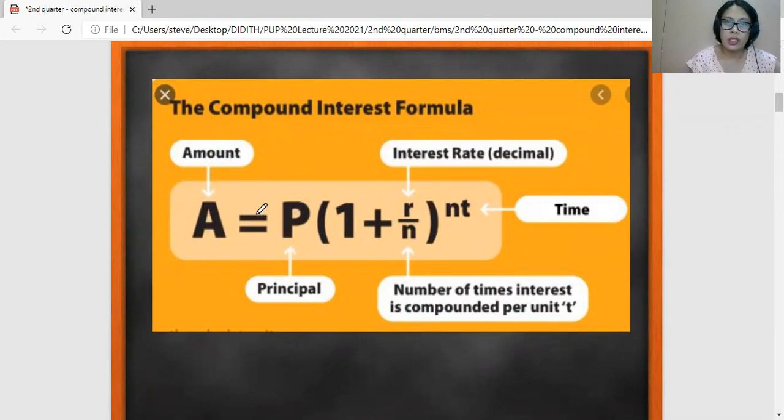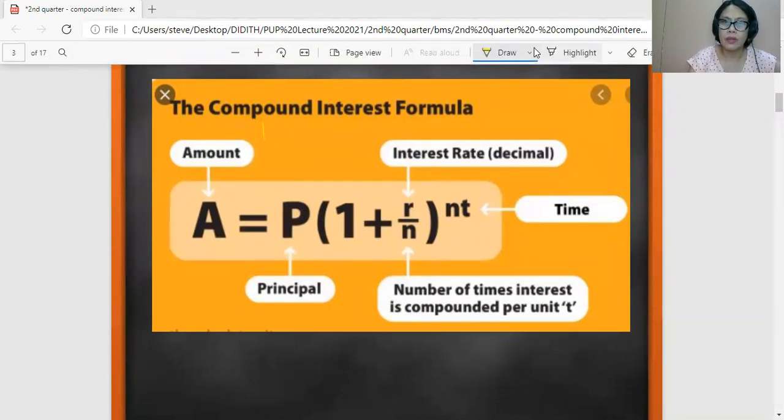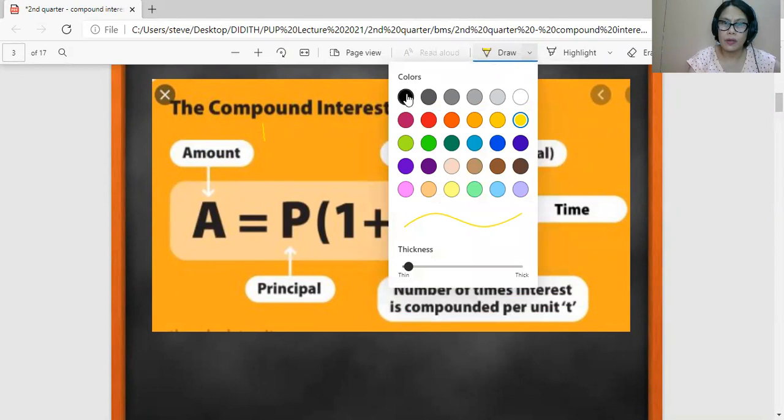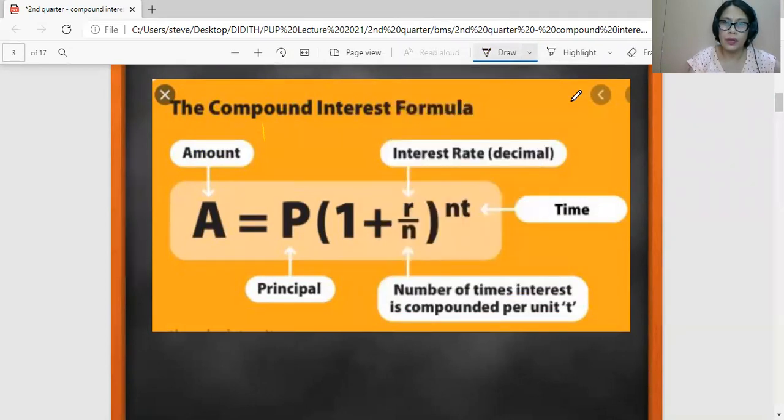Now originally we have F equals P quantity 1 plus RT for the simple interest rate. Now since we have the compounding period for the compound interest formula, this R will be divided by the compounding period, and everything will be raised to the number of periods.